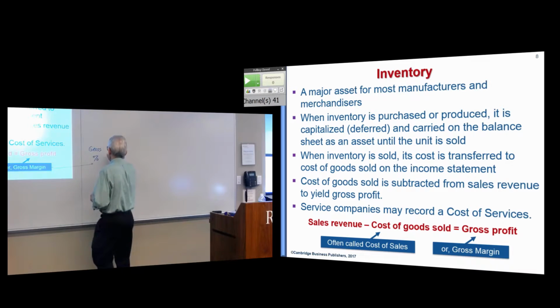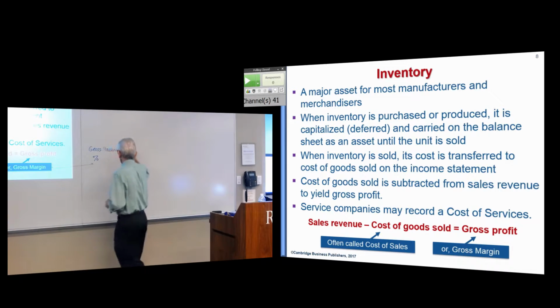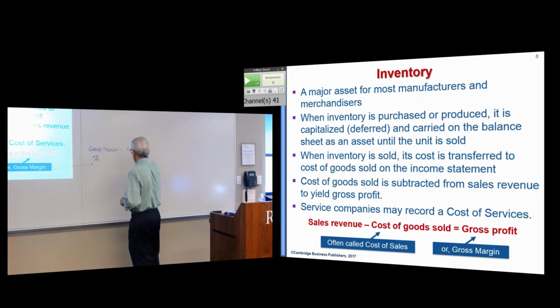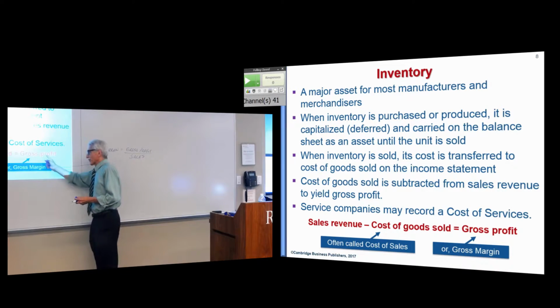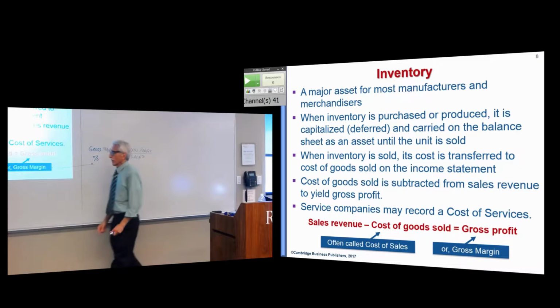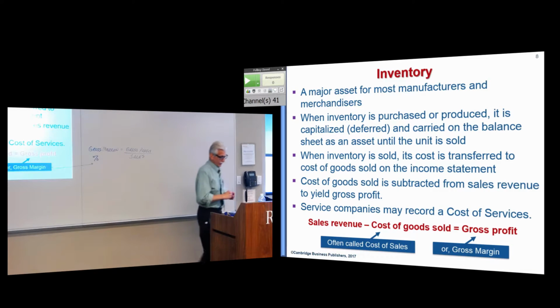Usually the gross margin is gross profit divided by sales. So you have to watch the terminology, but hopefully we'll be as clear as possible.